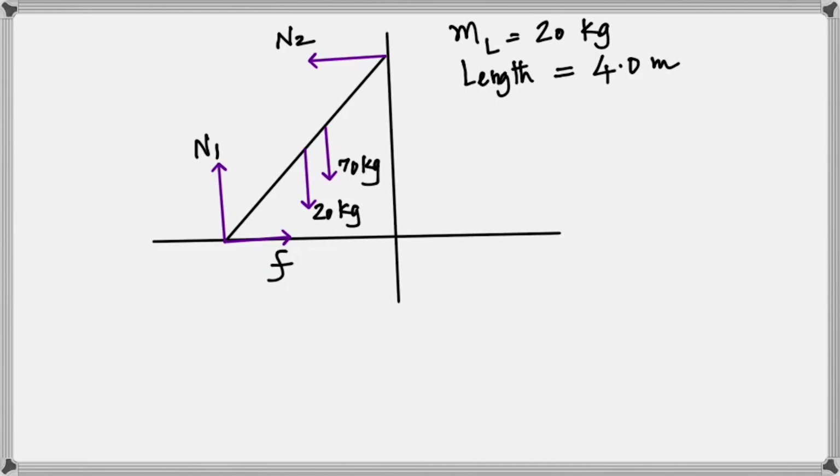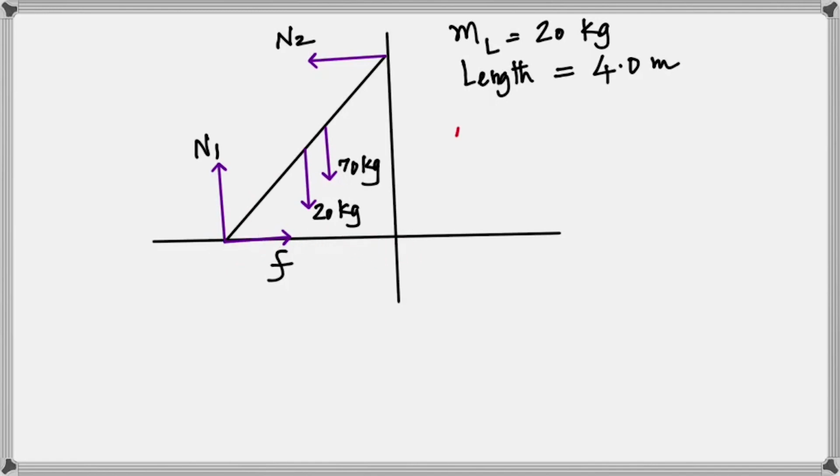I'm going to say that this is 5 meters, and if I give this to you as 3 meters, then you know this must be 4. I know it's not drawn to scale, but you understand. Because 3 squared plus 4 squared gives you 5 squared. So I give you this, I give you this, you must know how much this is.